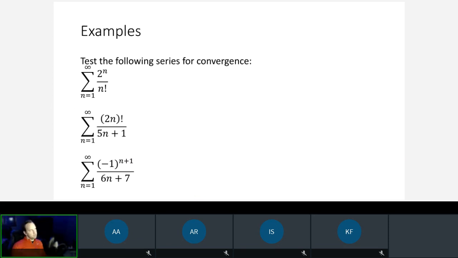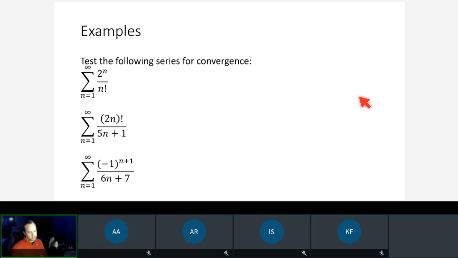Okay, so the directions say test the following series for convergence. So I give you a summation problem. All this is saying is you have this expression and you're going to sum from when n equals 1 up to infinity forever.